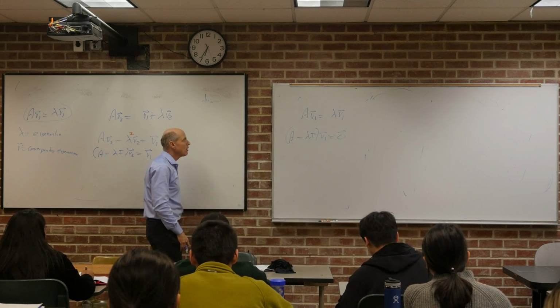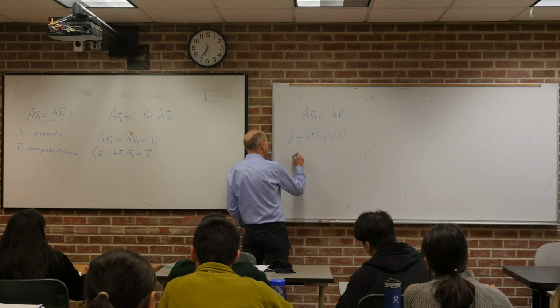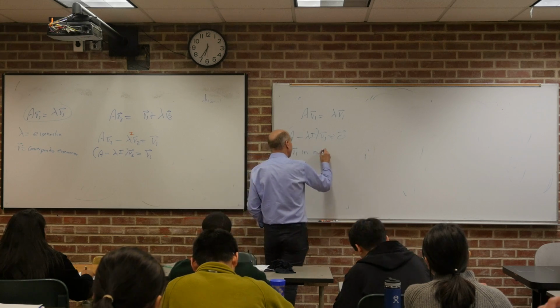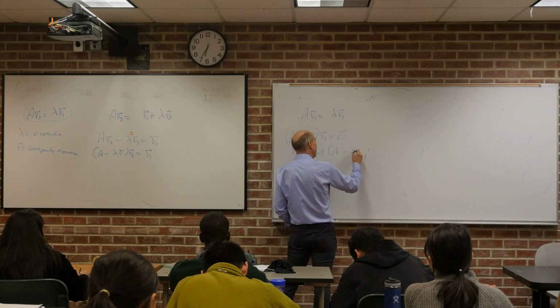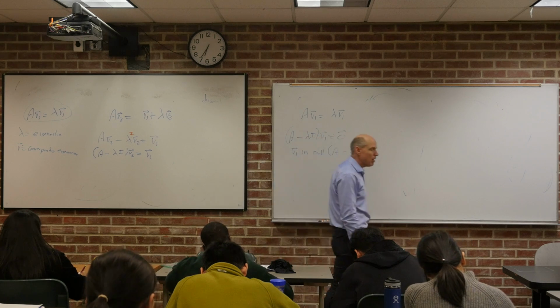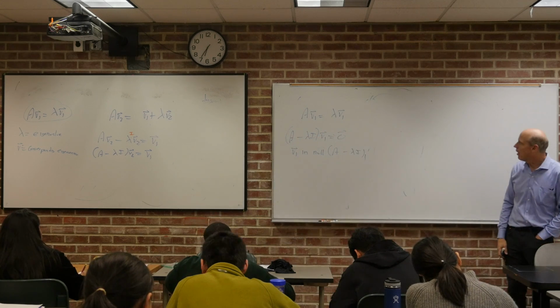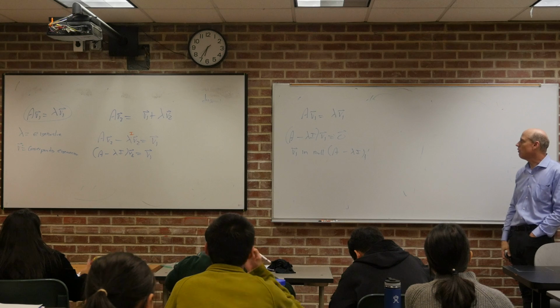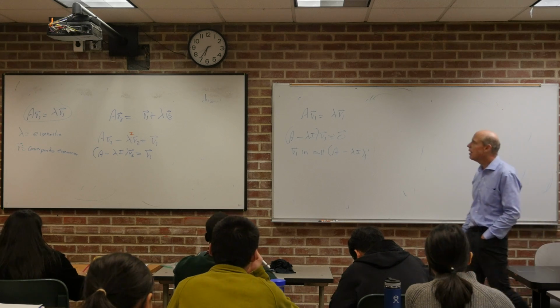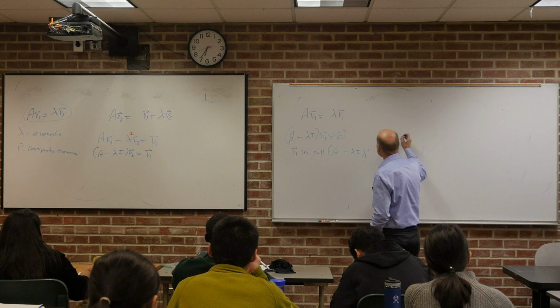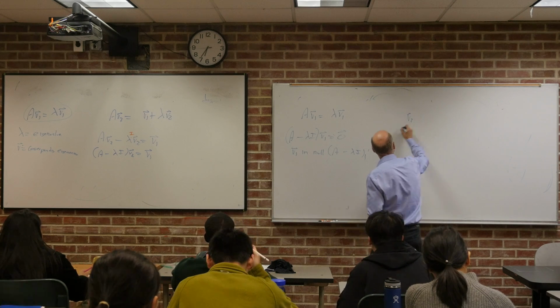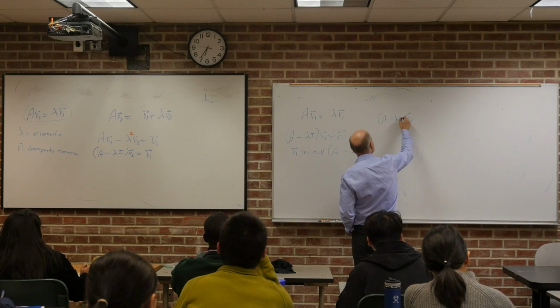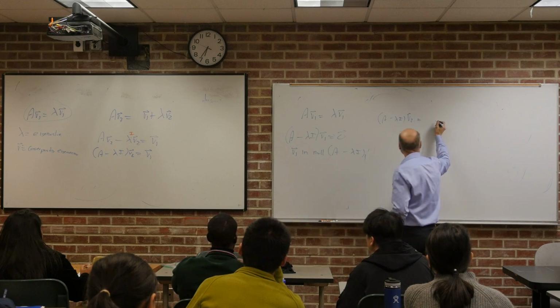Same trick here. Because I can think about v1 as being in the null space of A minus lambda I. And then watch this. If I take v2 and multiply by A minus lambda I, what do I get?